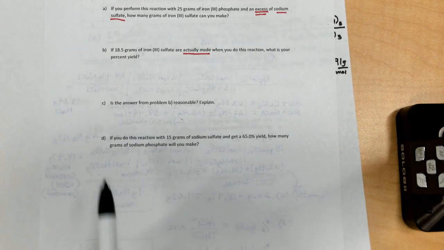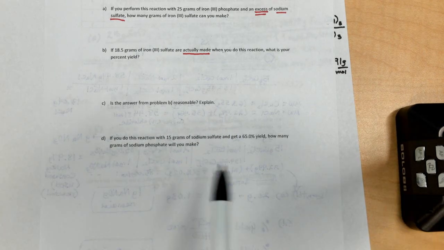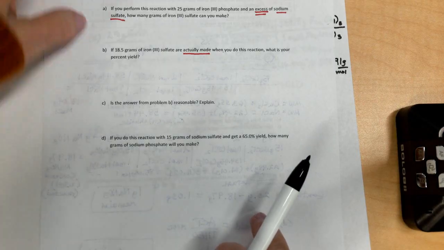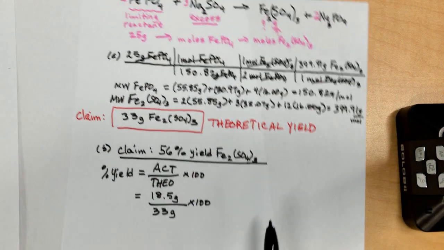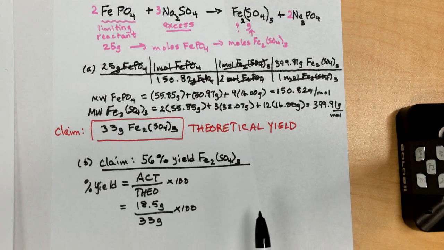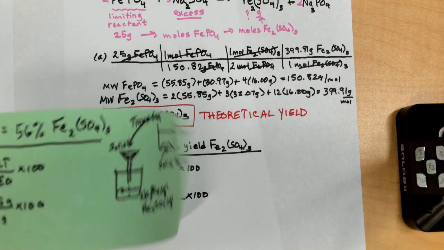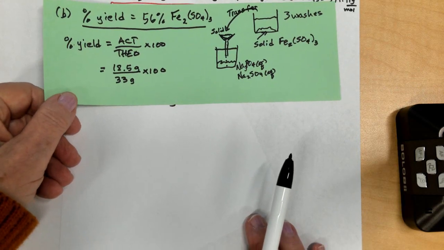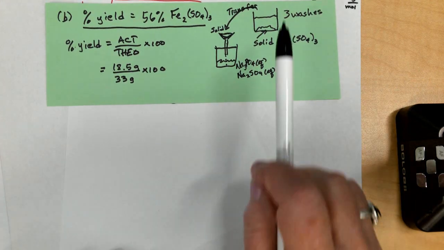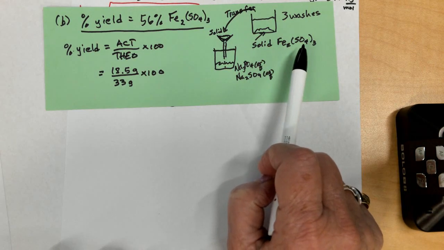Part C, is your answer from problem B reasonable? Explain. We got just a little over half of it, so we'll look at this more in depth after Christmas, so I'm not really wanting to get into that. But if you just consider how you would do the experiment, here you've got your precipitate at the bottom of the beaker.